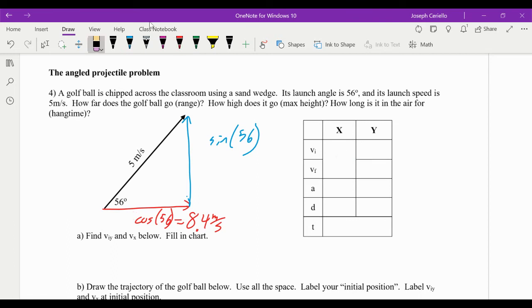I got mixed up with the last question. So let's fix this. This is 5, and this is 5. So let's do 5 cosine 56. 2.8. That looks a little bit better. So that's the x component of velocity. And 5 sine of 56. That's 4.15. Again, a little bit rounded, but that's okay.